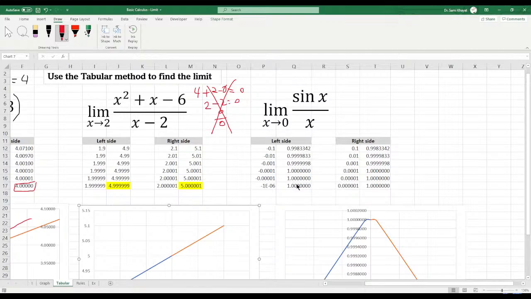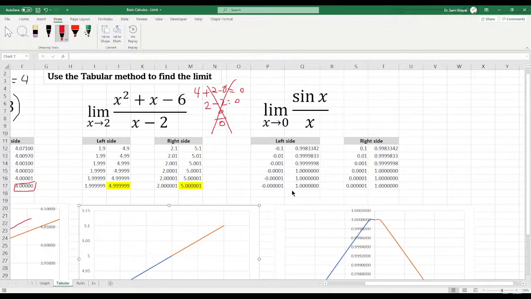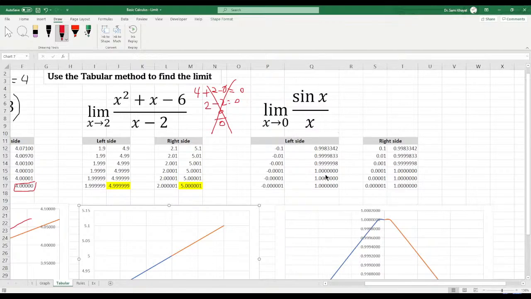Now, I will approach from the left side. I will go from negative 0.1, negative 0.01, and so on until I reach negative 0.00001. If I use a calculator here, I can show you.